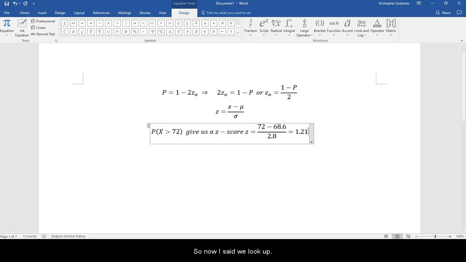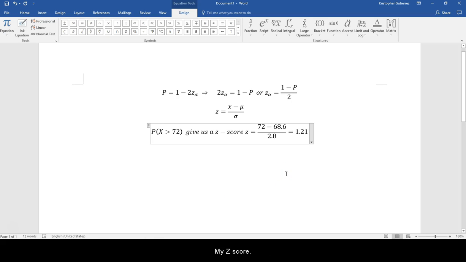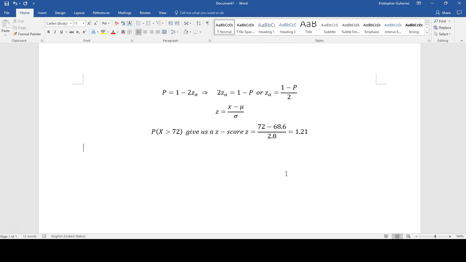Alright, so now I simply look up my z-score for 1.21, and my probability will be 1 minus that value, because I want greater than 72. So I'm not looking for a left area, I'm looking for a right area.